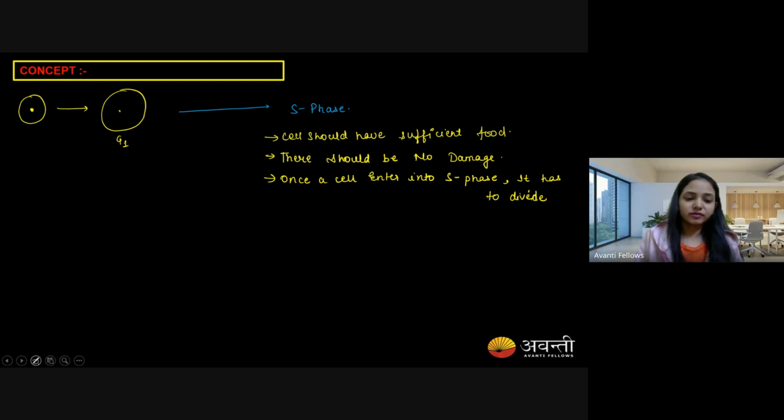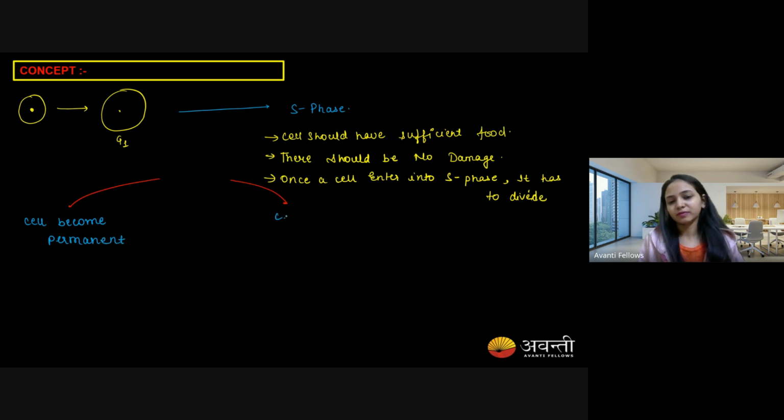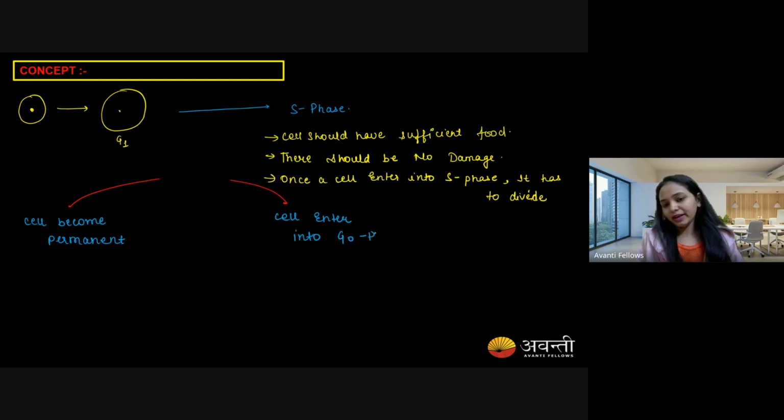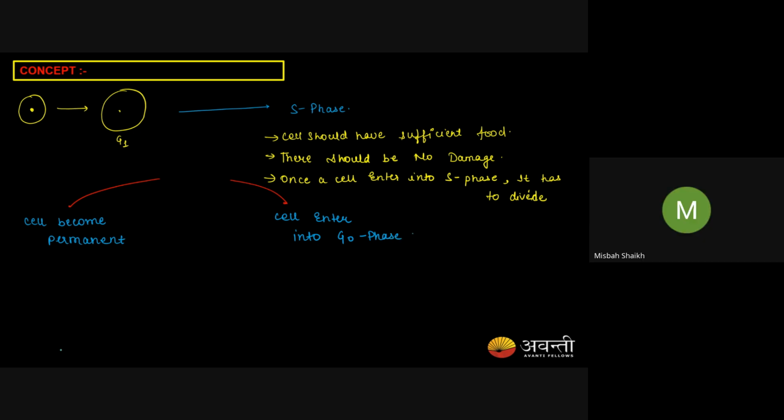So we have two conditions here. The cell becomes permanent. And the second one, the cell temporarily enters into G0 phase.